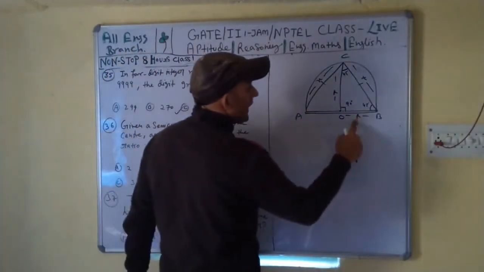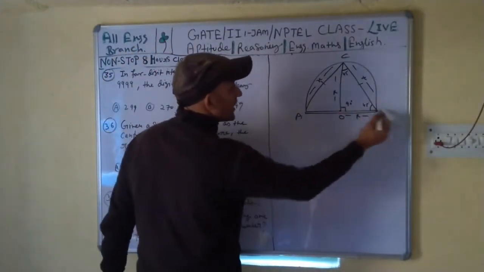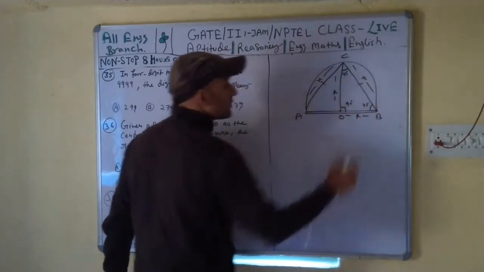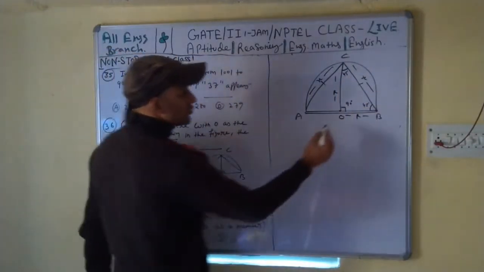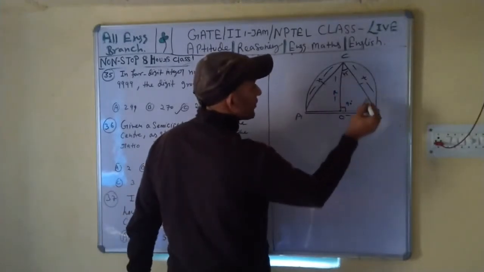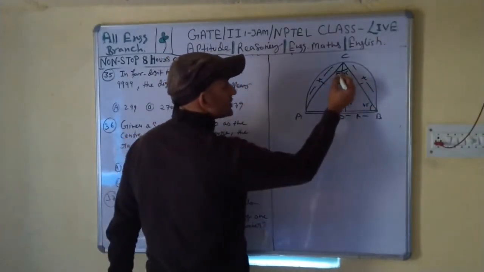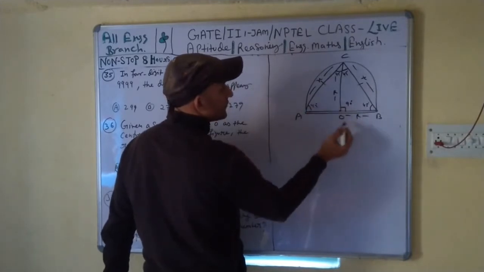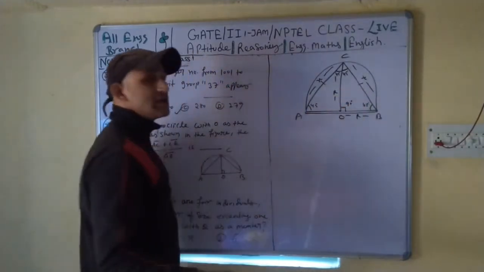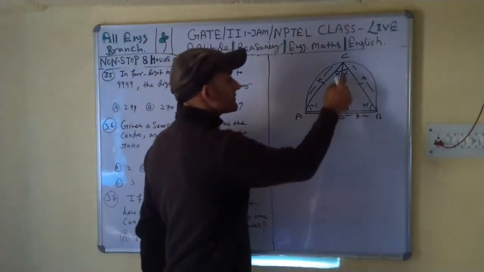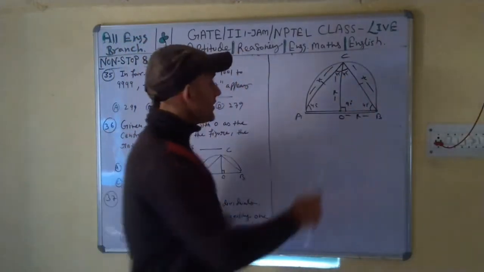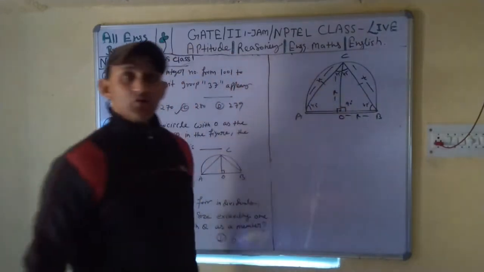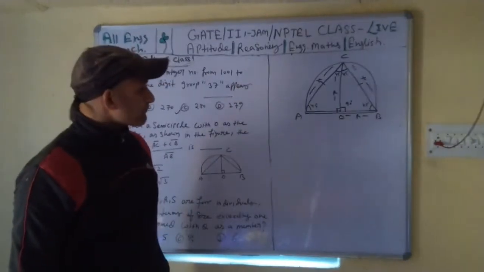So R, that is also R; both are radii. In this condition, this angle and this angle are both the same. So this is 45, this is 45. Similarly, this is also 45 and this is also 45, because the sum of all angles is 180. So 90 plus 45 plus 45 is equal to 180.